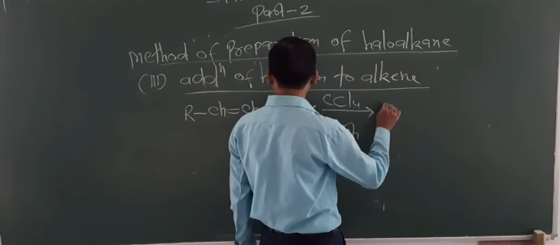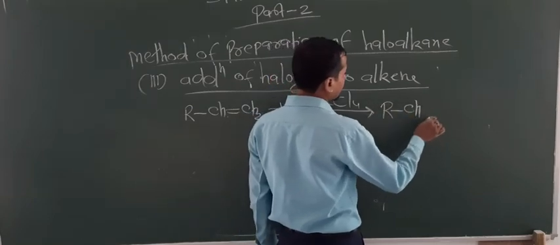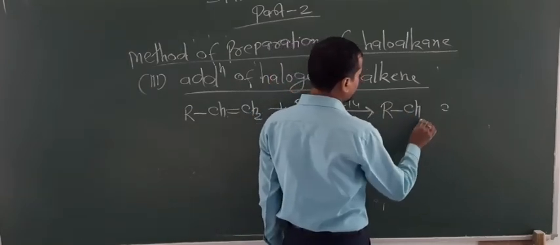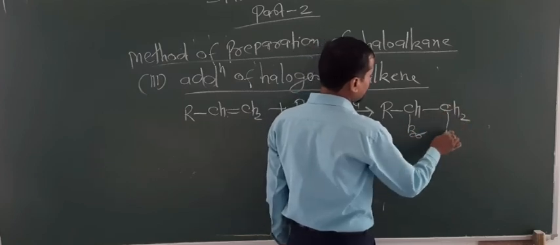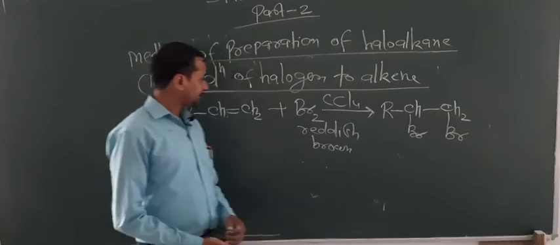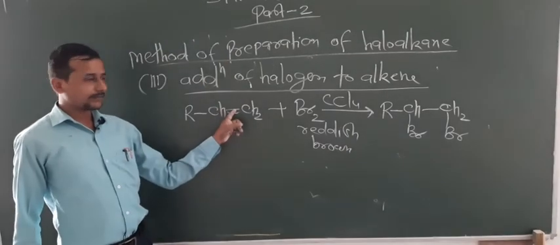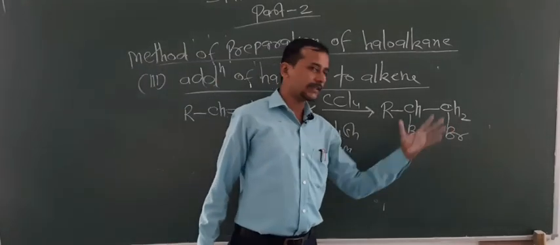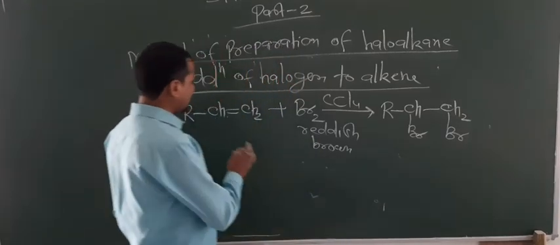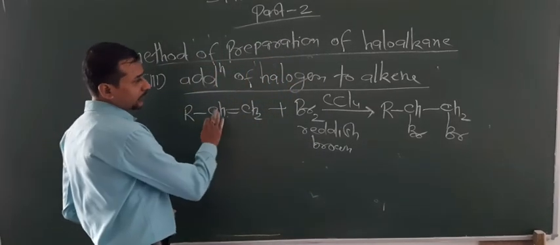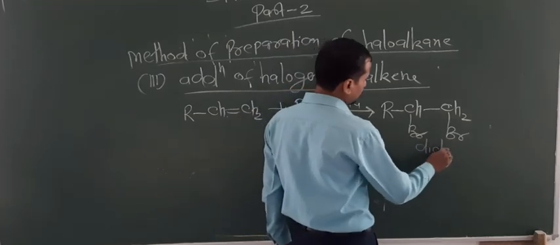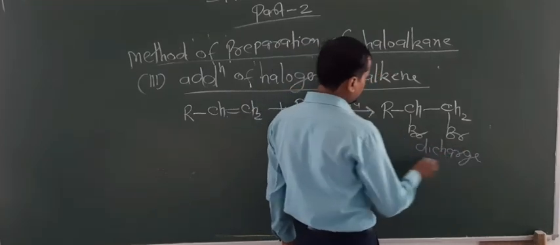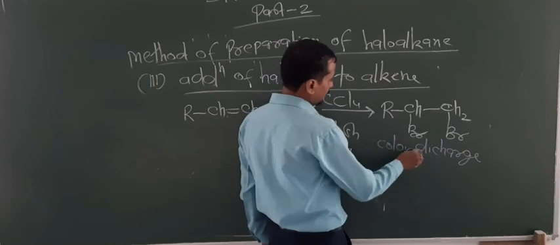So one question may also arise: how many pi bonds are broken and how many sigma bonds are formed? So Br, single bond, CH2 and Br. Look here, breaking of 1 pi bond takes place and formation of 2 sigma bonds takes place. So this goes from unsaturation to saturation. Now here the color is discharged.